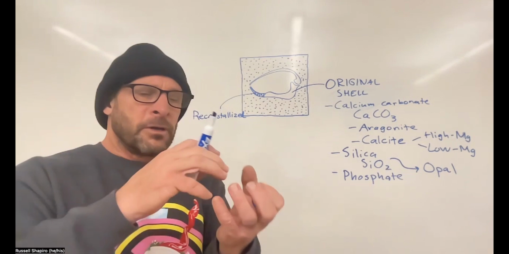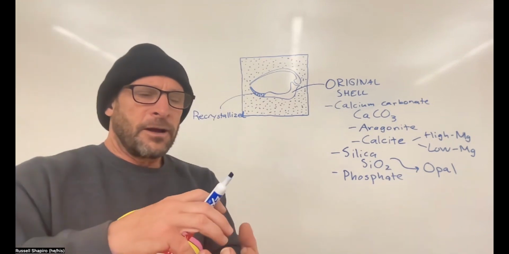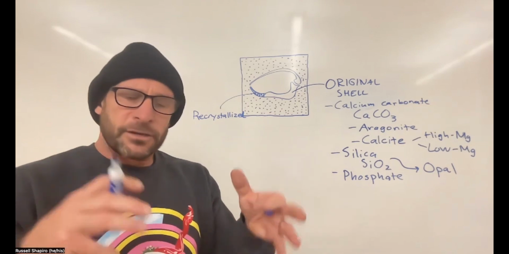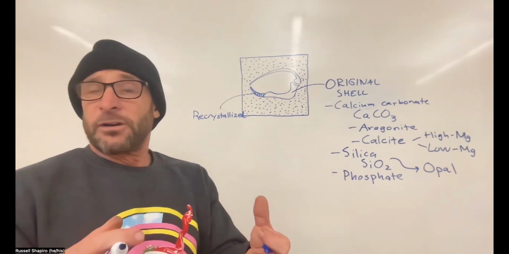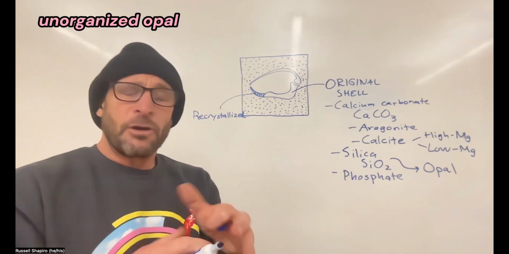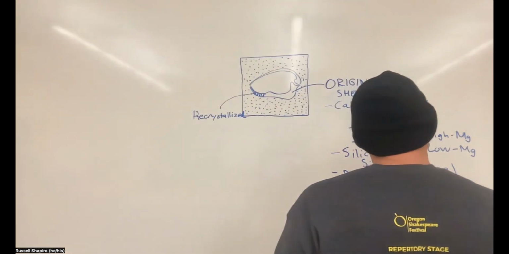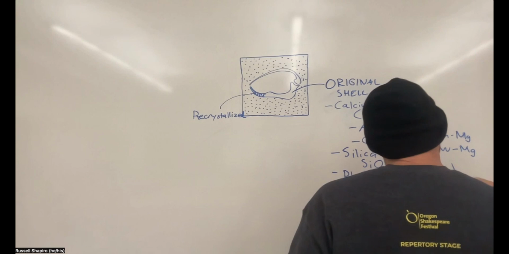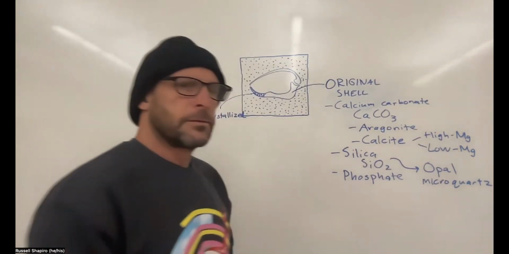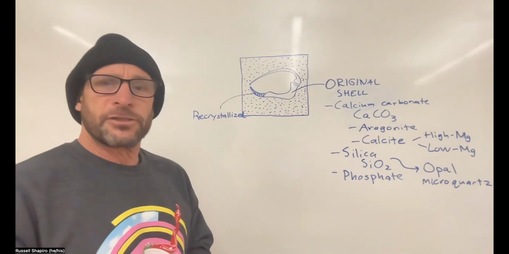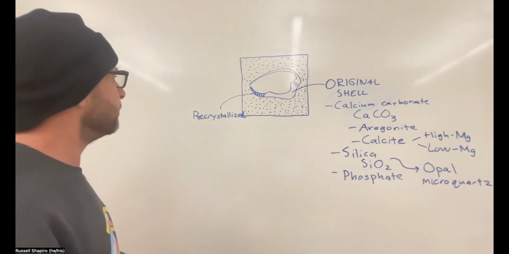And that opal, where the silica tetrahedra are kind of more randomly oriented over time under burial, those shells can change. It can recrystallize from unorganized opal to organized microquartz. And so if we find microquartz, we know that an organism has changed into a new form.